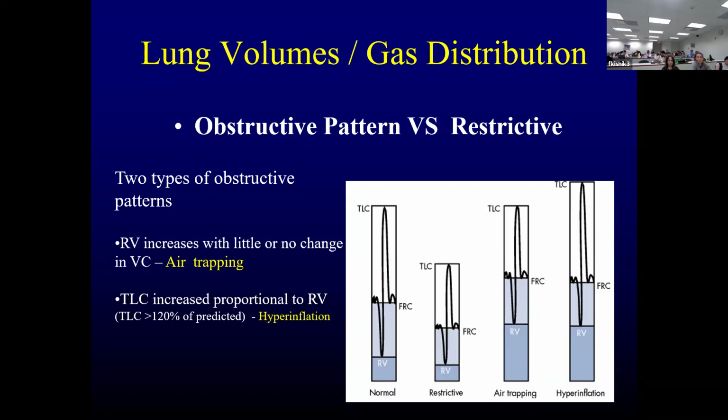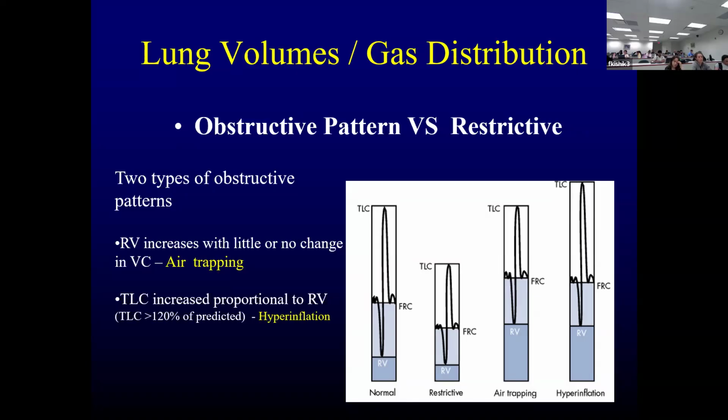So everything is compressed. Here, slight decrease in the tidal volume, slight decrease in the inspiratory reserve volume, slight decrease in the expiratory reserve volume, slight decrease in the residual volume. The residual volume decreases. Yes? If all these things decrease, obviously we don't need much of an IQ to say that their total lung capacity is decreased.